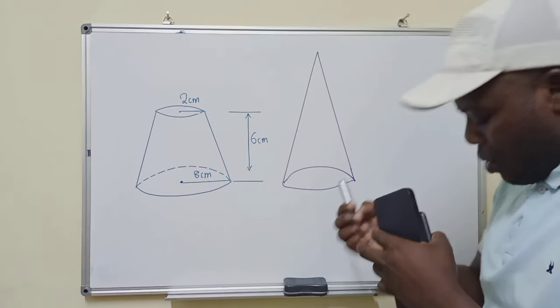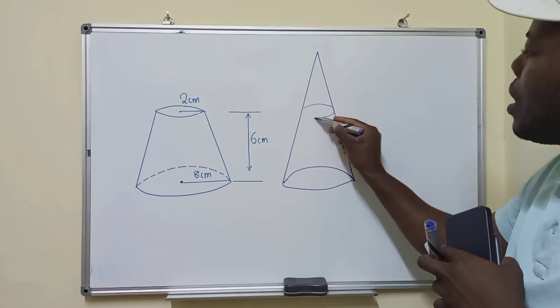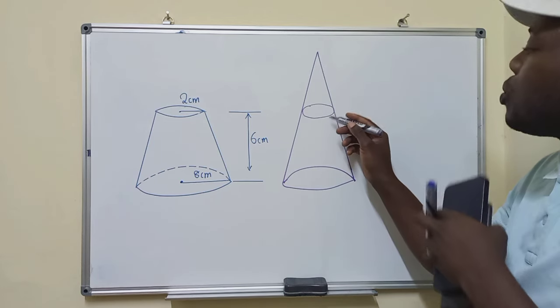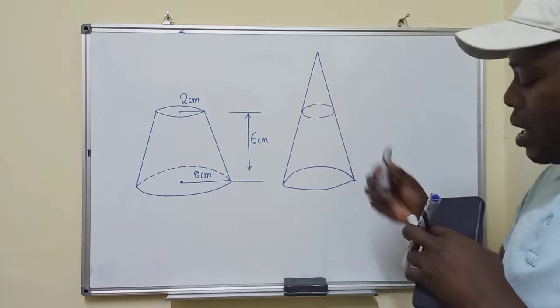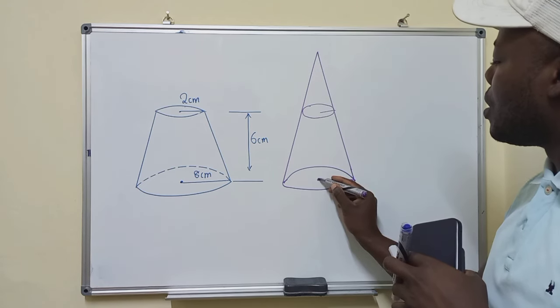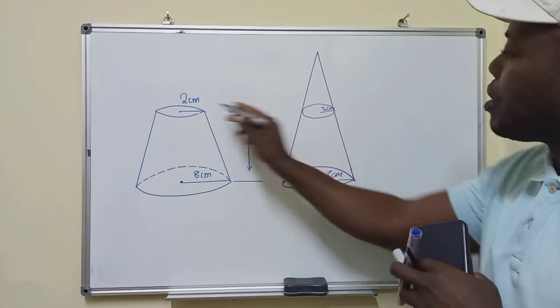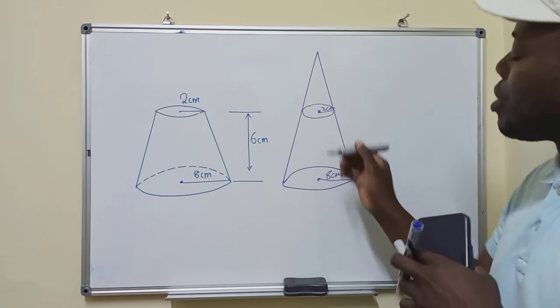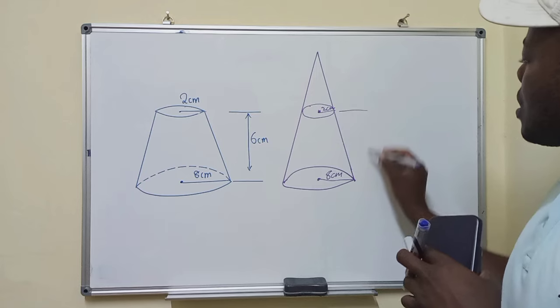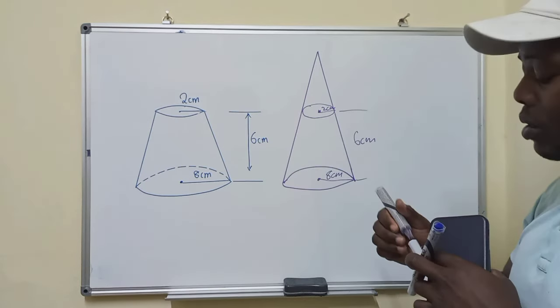Now here it has been cut somewhere here, and of course we know that the radius here is 8 centimeters, isn't it? And here the radius is 2 centimeters. The height here is 6 centimeters, you see?